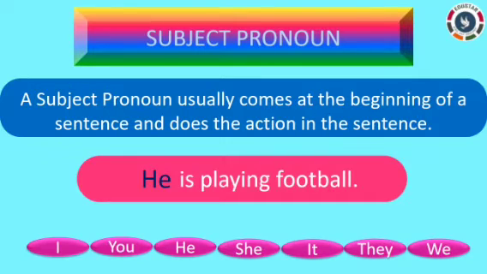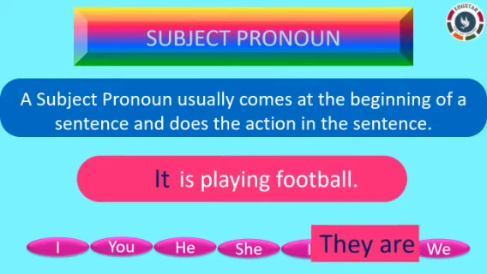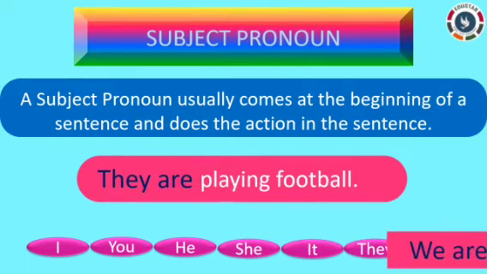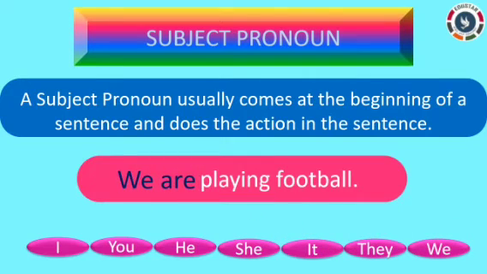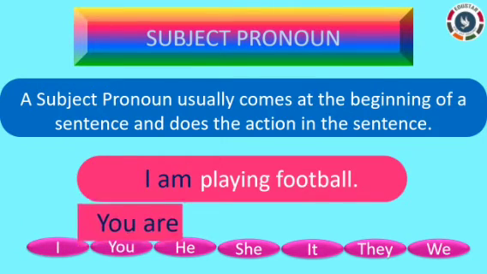For a girl, we replace with she. For an animal or thing, we replace with it. For more than 2 persons, we replace with they or we. And we have 2 more pronouns, I and you also.